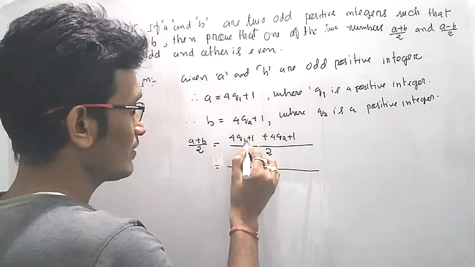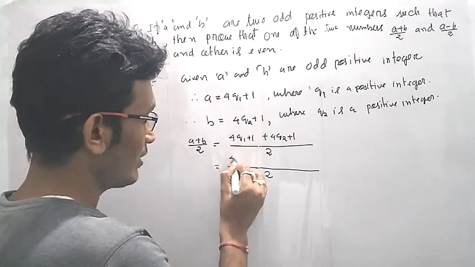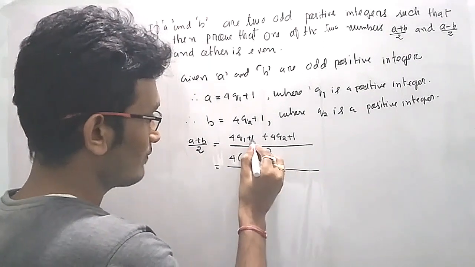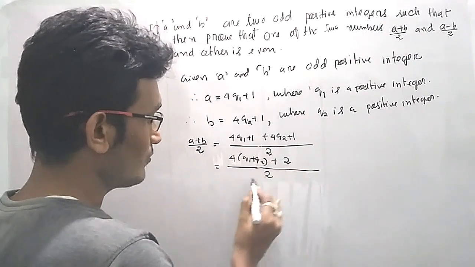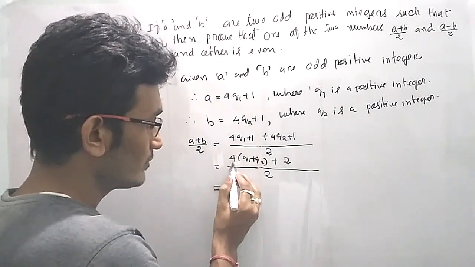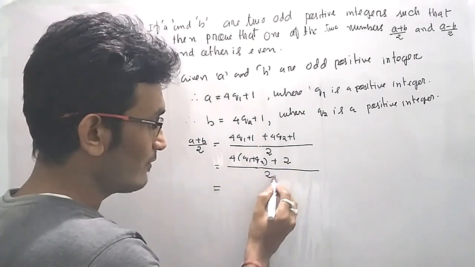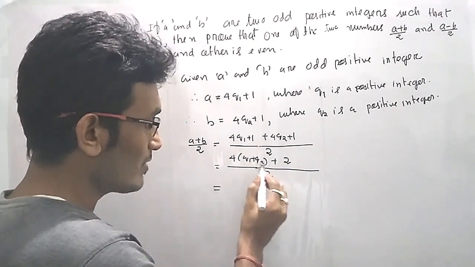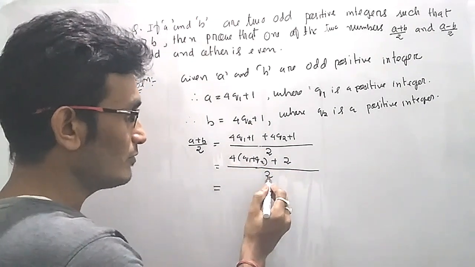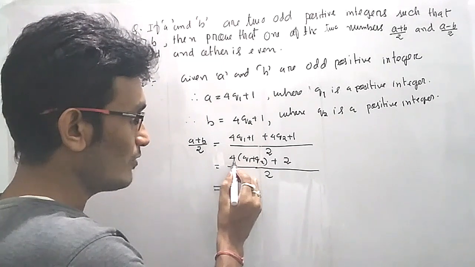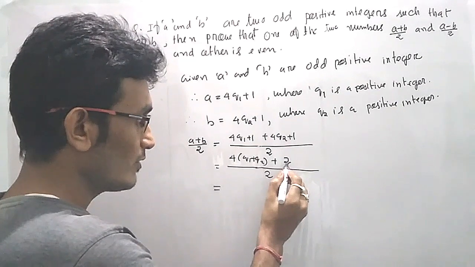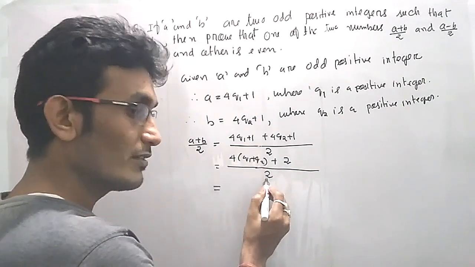So 4q1 plus 4q2, you can take 4 common, 4 times (q1 plus q2), and from here 1 plus 1 is equal to 2. So here 4(q1 plus q2) plus 2, divided by 2. That means each term of the numerator can be divided by 2, because the first term is 4(q1 plus q2), the second term is 2, and in the denominator 2 is there.